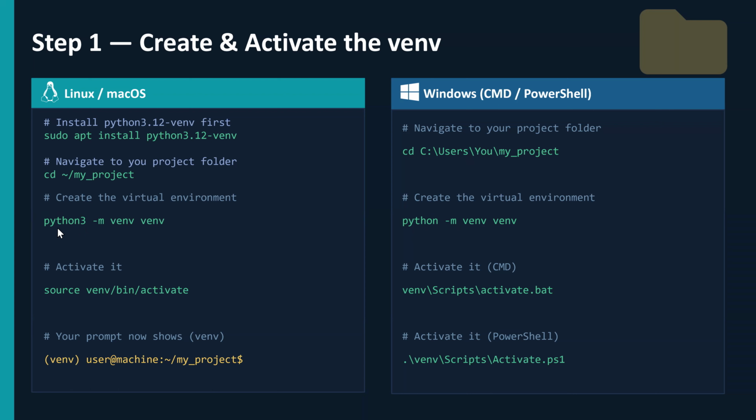So make sure that you create an alias to point to python3 by saying alias python=python3. And then here, python -m venv, and venv is the name of the directory that you're creating.